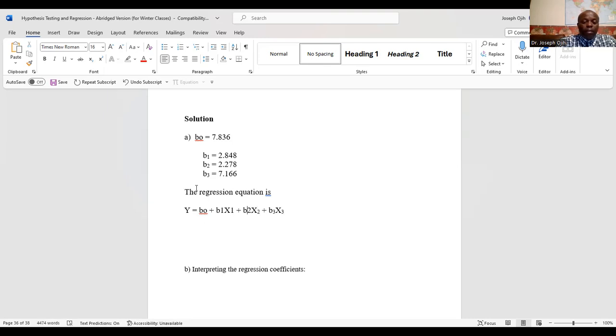That is how it's written, the general form of the regression equation.